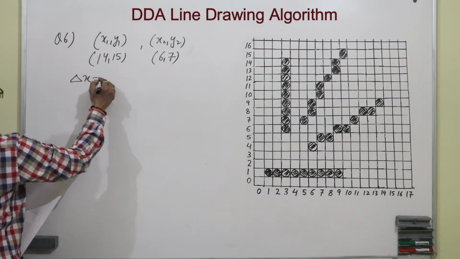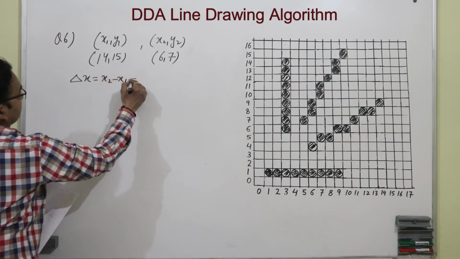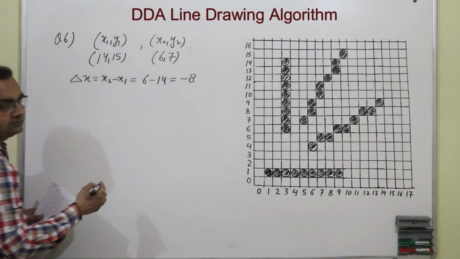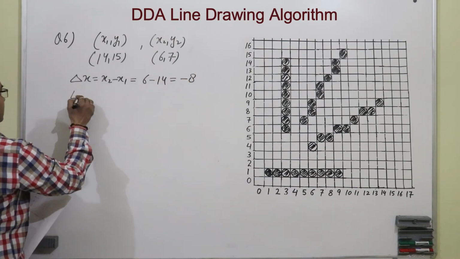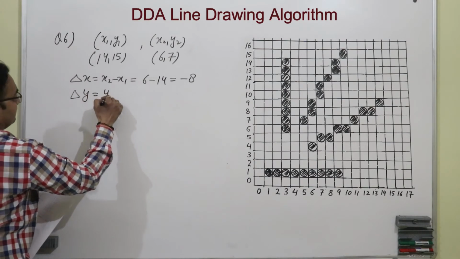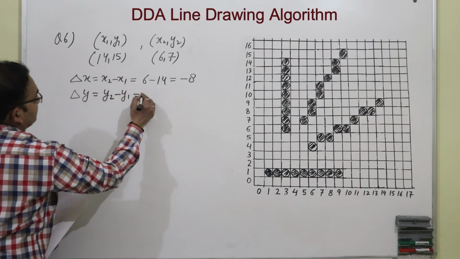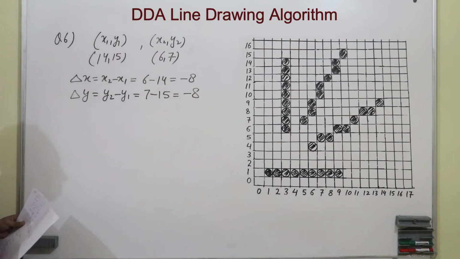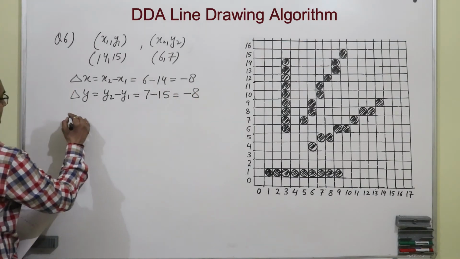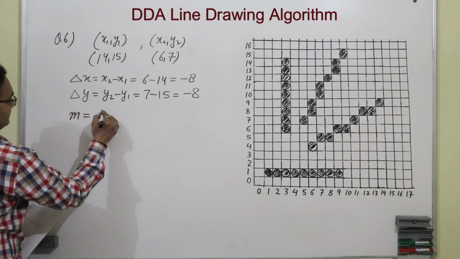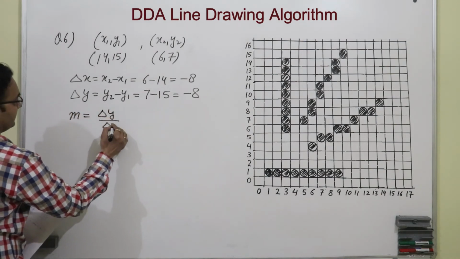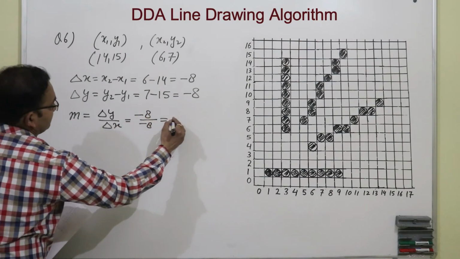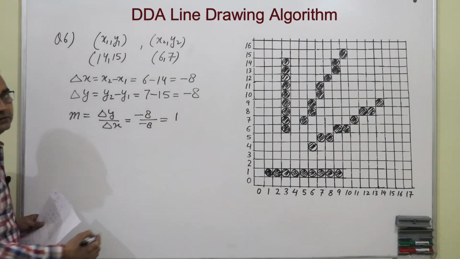Delta x equal to x2 minus x1 equal to 6 minus 14 equal to minus 8. Delta y equal to y2 minus y1 equal to 7 minus 15 equal to minus 8. Slope, delta y upon delta x, minus 8 upon minus 8 equal to 1.